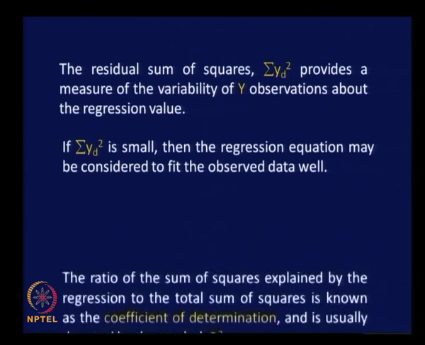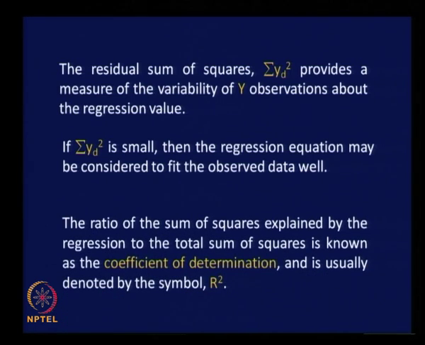Obviously, the ratio of the sum of squares explained by the regression to the total sum of squares is known as the coefficient of determination, right. This ratio is what we call as coefficient of determination, and is usually denoted by the symbol r squared.